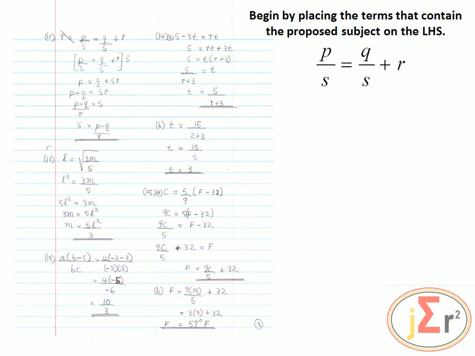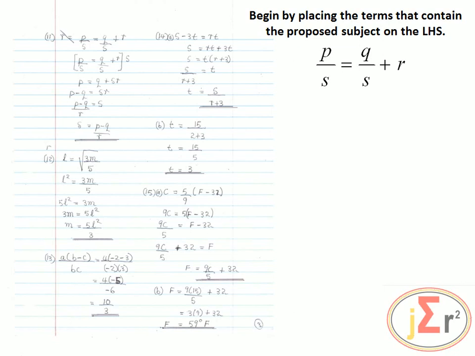Begin by placing the terms that contain the proposed subject on the left hand side. So we have, the proposed subject is S. We have one occurrence of S on the left hand side, and we have another on the right hand side.